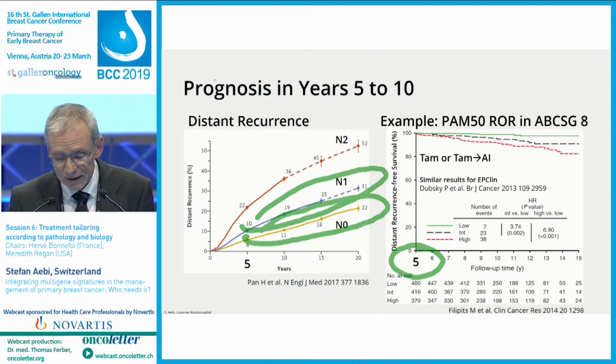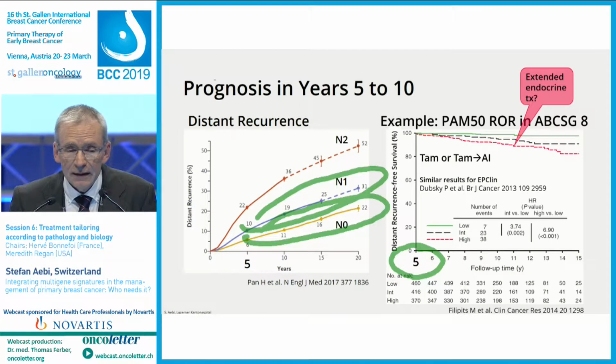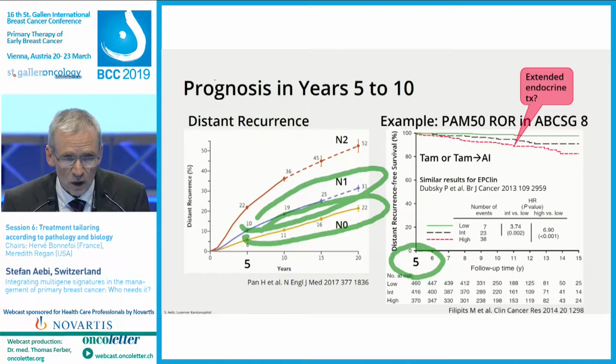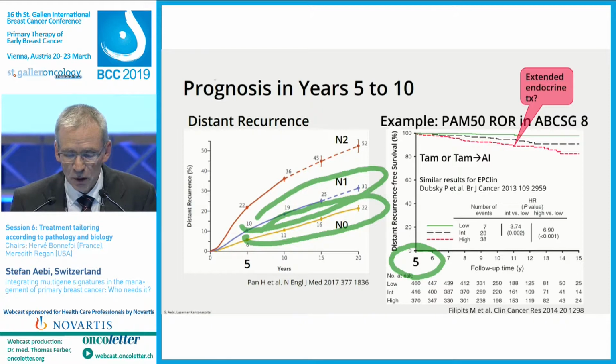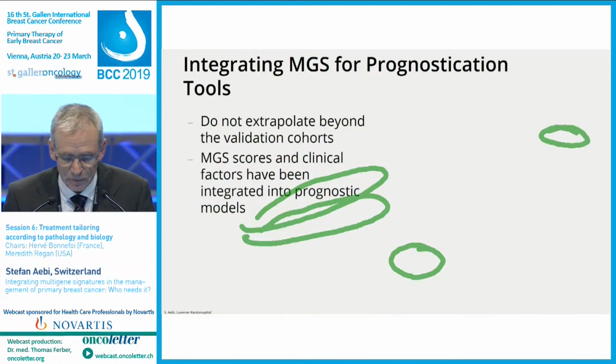Of course, it is conceivable that these patients could be the ones who could profit from extended endocrine therapy. I put a question mark because this has not been proven, but the possibility that the other patients profit is, of course, much lower.